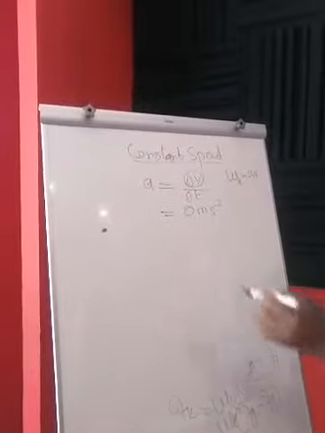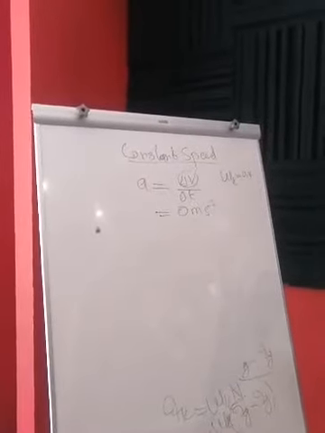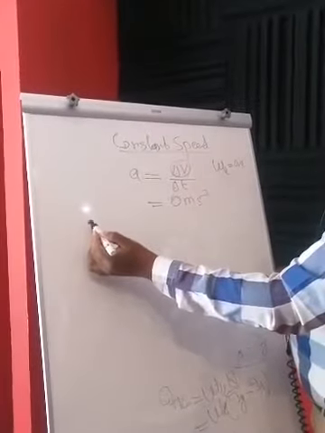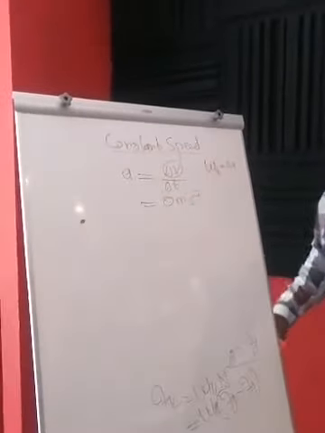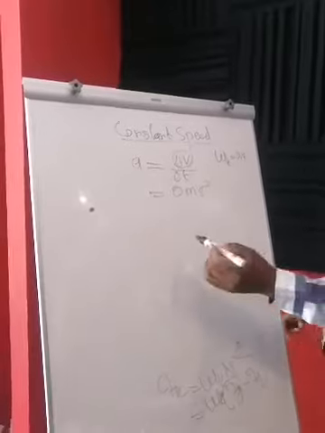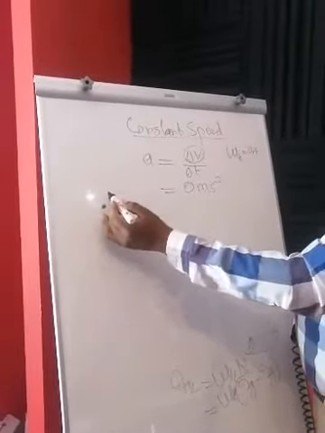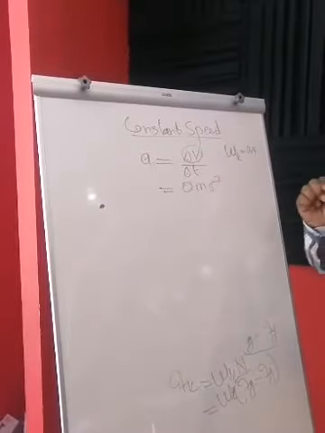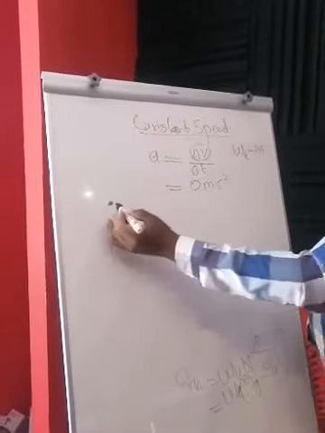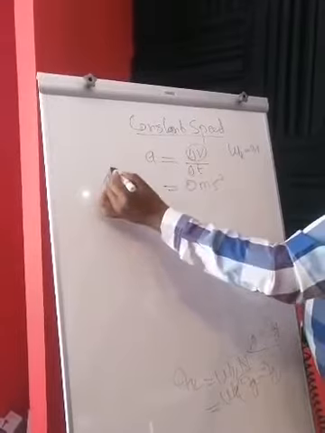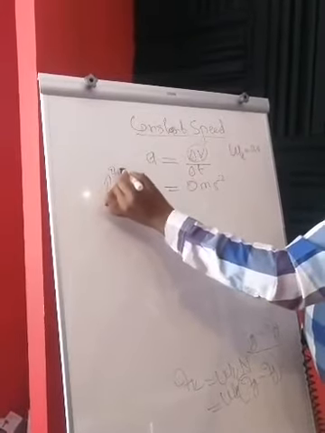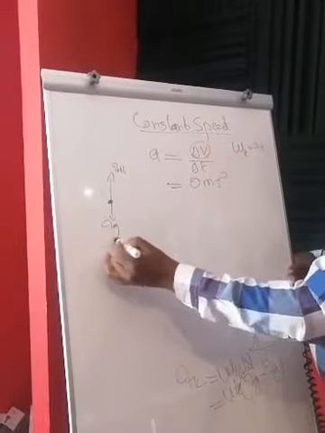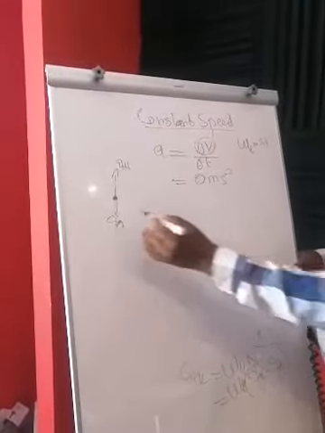Then you indicate the forces that are acting on that object when it is in motion. The forces acting on the object are indicated by arrows, and the direction of the arrow must be facing away from the dot. So we are going to have our normal force, which is going vertically upwards, and our FG, which is going vertically downwards.